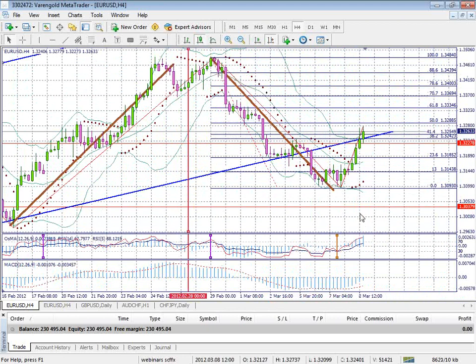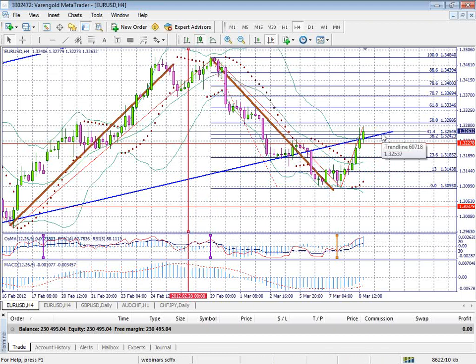I hope that is clear enough. The swing of the pair starts around the 41.4, 38.2 level. The currency was at about 50% and reversed. It's a very, very strong area.